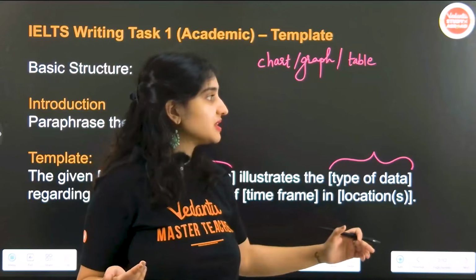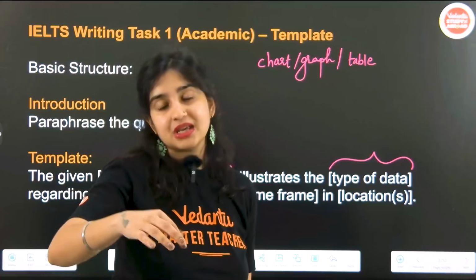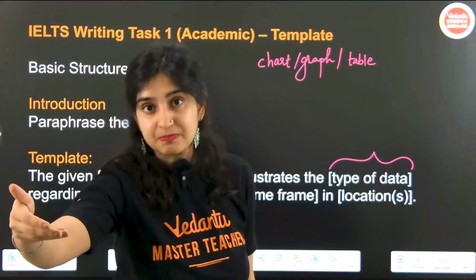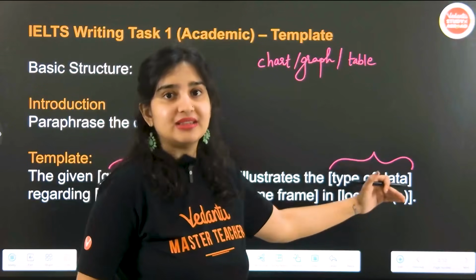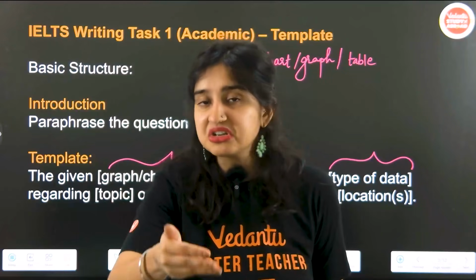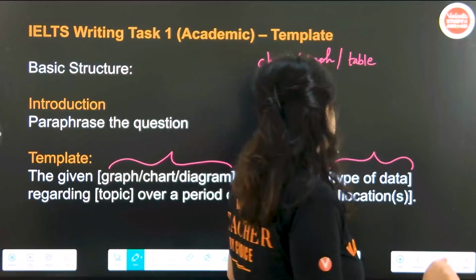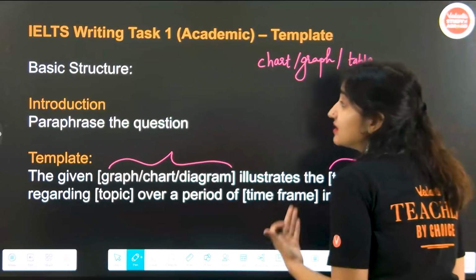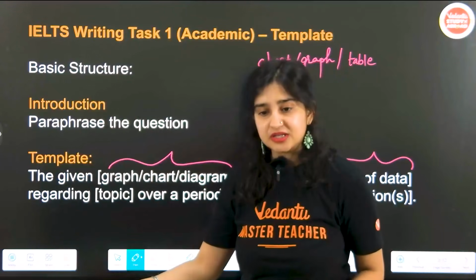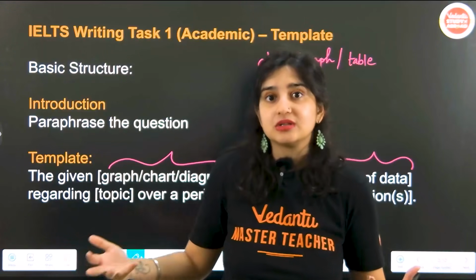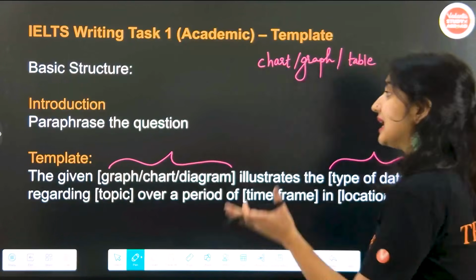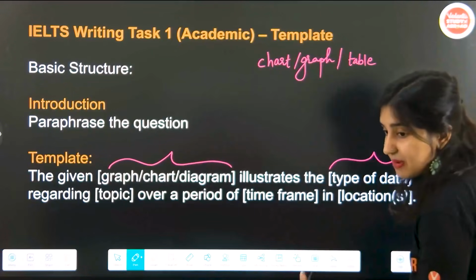So the location would be something like in a city, in a district, in a country. Whatever that is, just write that down. All of this information is supplied to you in the question. All you're doing is paraphrasing it, so you don't need very good writing skills to be able to do this. And that becomes your introductory paragraph.